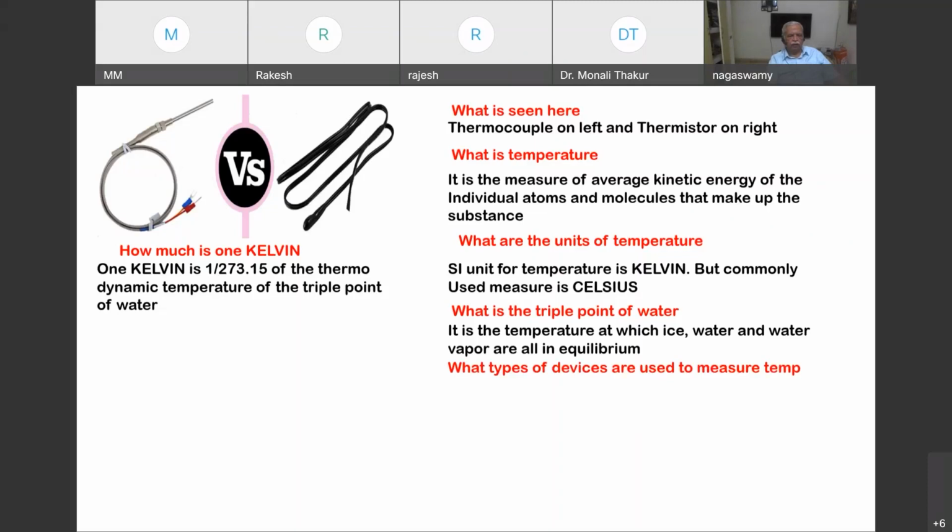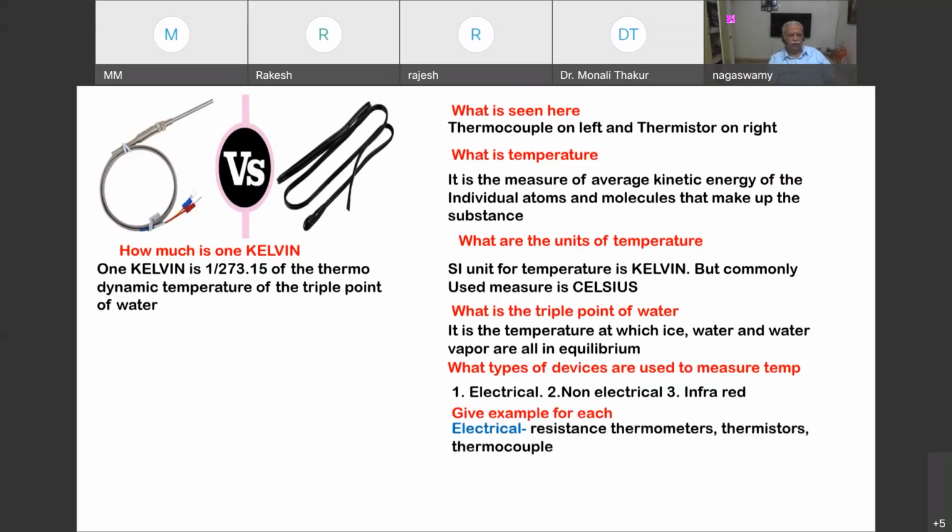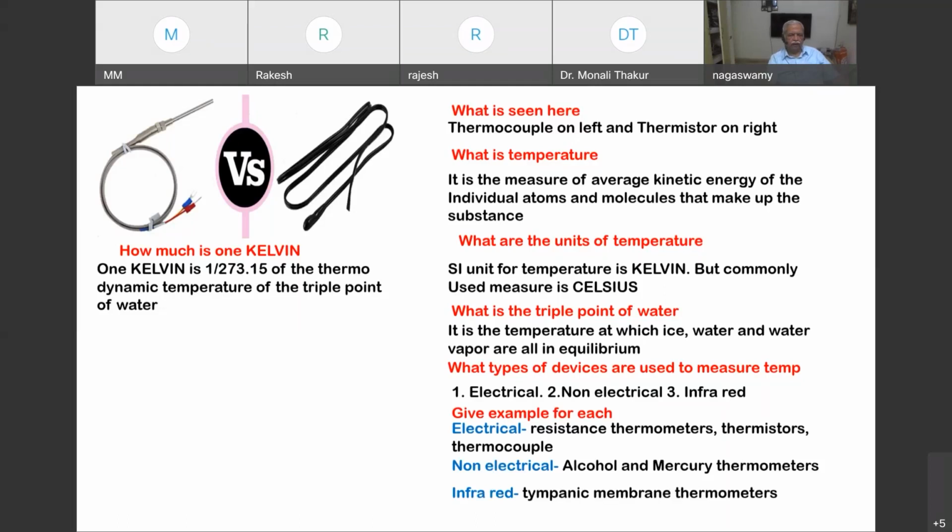What type of devices are used to measure temperature? Sir, mercury thermometers, then infrared thermometers. Very good. Electrical, non-electrical, and infrared. Examples are electrical resistance thermometers, thermistor or thermocouple; non-electrical, alcohol and mercury; and infrared tympanic membrane thermometers, which we are nowadays regularly using for all COVID cases, because we don't want the same thermometer to go into everybody's mouth.